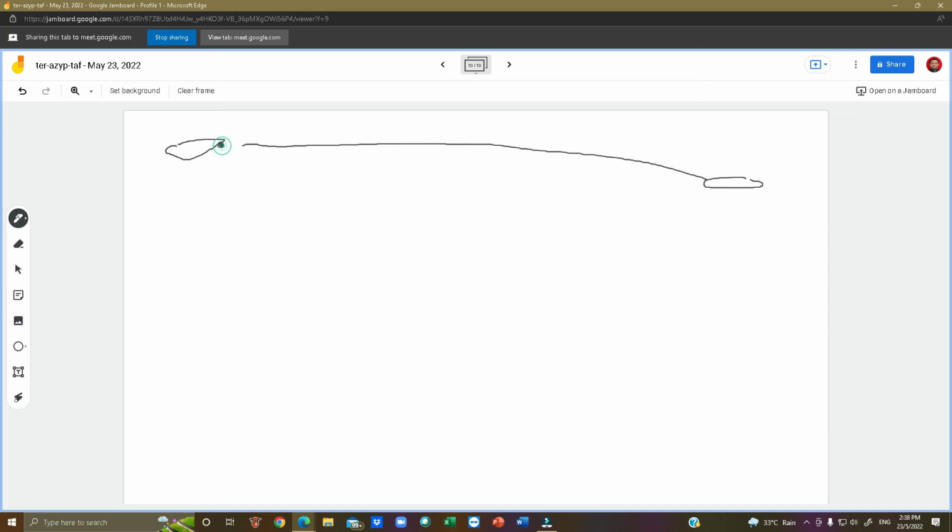Nampak? Macam tu. Ada horizontal component tak kat sini? Ada. Dia start mungkin kat sini lah kan? Sampai sana. Horizontal component. Ada vertical? Ada. Vertical, horizontal. And this is the highest point. So this is the apex. This is a trajectory.